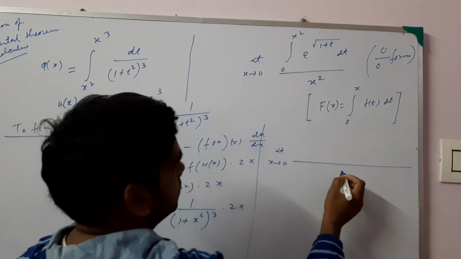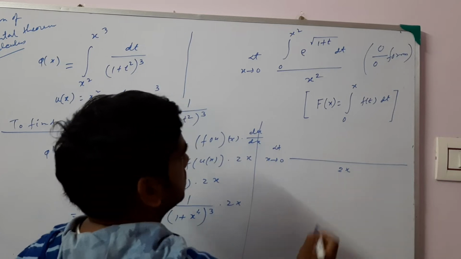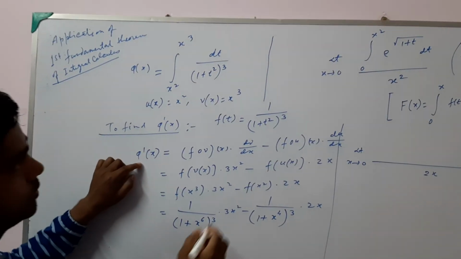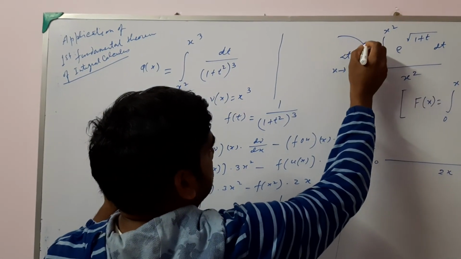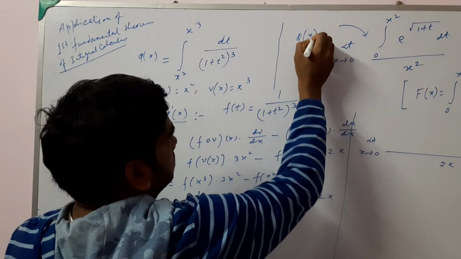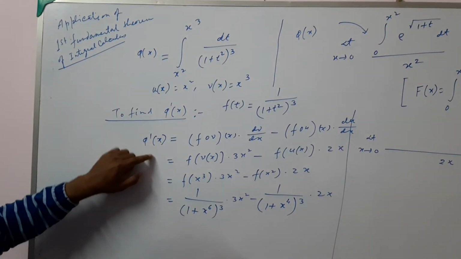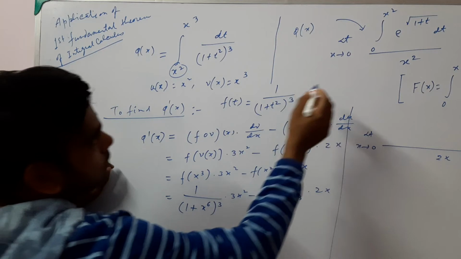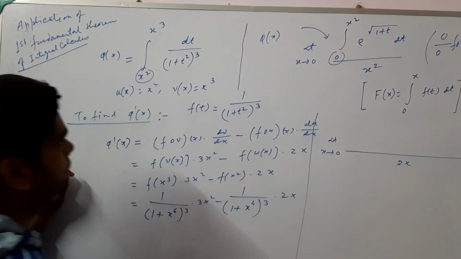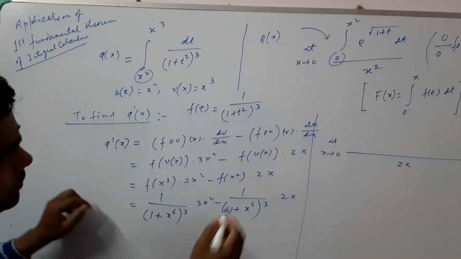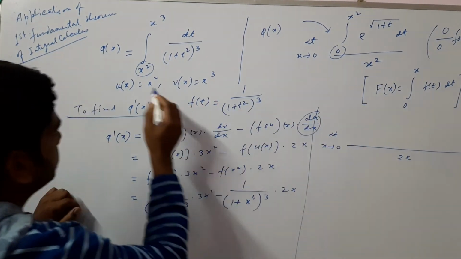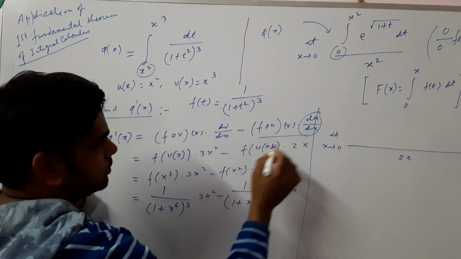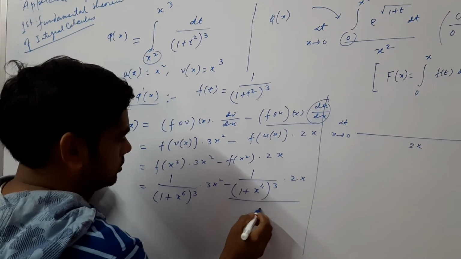Its derivative will be twice x with respect to x, and this one, so in application of this, if we consider this one as phi of x, its derivative will be, now the lower limit is here x square, here the lower limit is 0, so du by dx, the derivative of the lower limit, because it is 0, will be 0, so this portion will be 0.